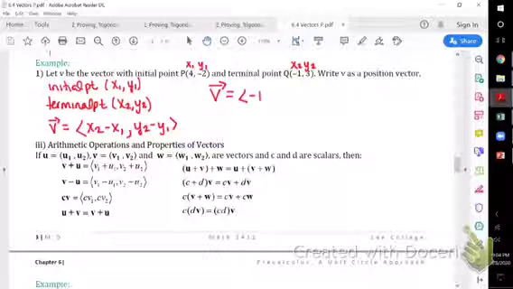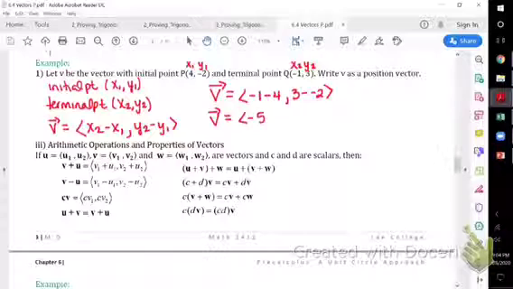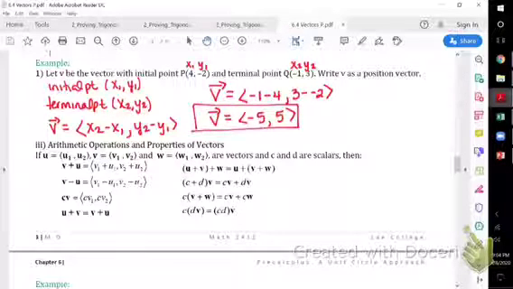We're going to have x2 minus x1, y2 minus y1. And so we work that out. We get negative 5. 3 minus a negative 2 is positive 5. And so there is the position vector for vector v.